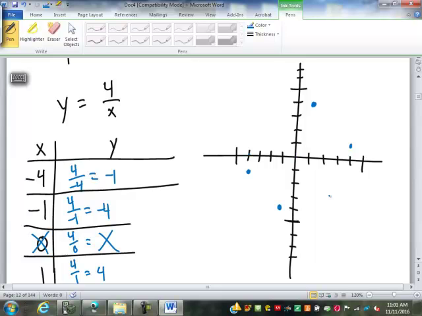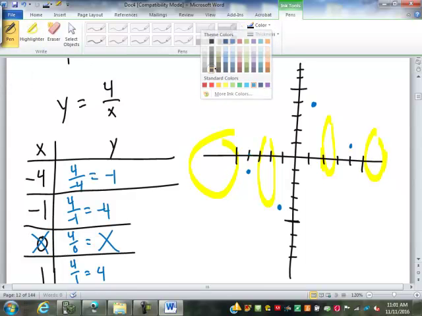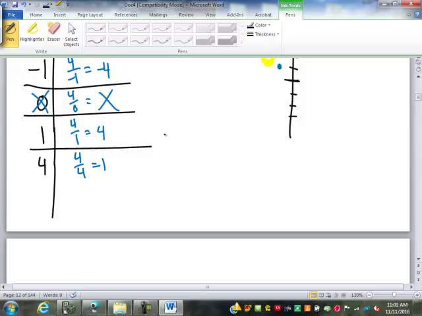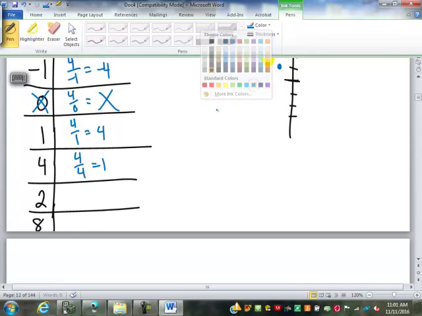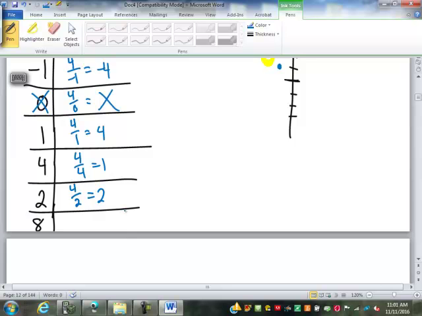I know that we have issues here at 0. X cannot be 0. So let's figure out what happens in the middle here, and then out here. The same here, in the middle and then out here. So it's 4, so let's use 2 and maybe 8 and see what happens. If x is 2, y is 4 divided by 2, which is 2.